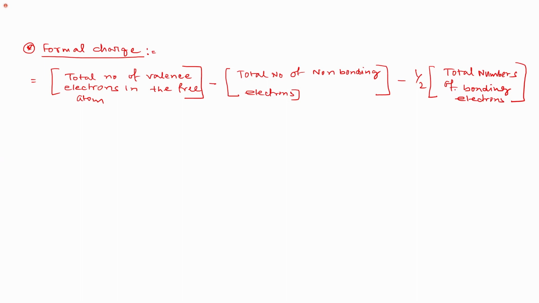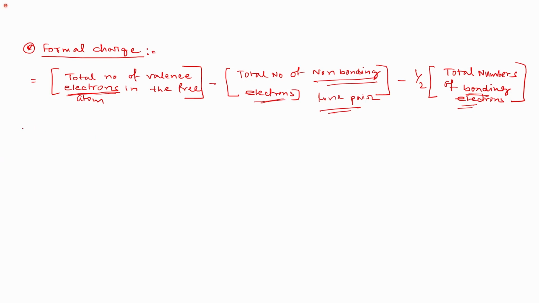Non-bonding electrons means lone pairs. In this formal charge formula, everything is a number of electrons, not pairs of electrons. The non-bonding electrons and the bonding electrons are all counted as numbers of electrons, not pairs.